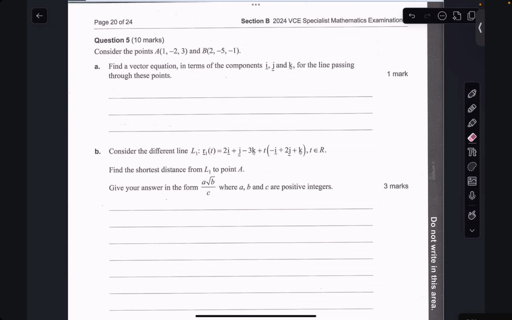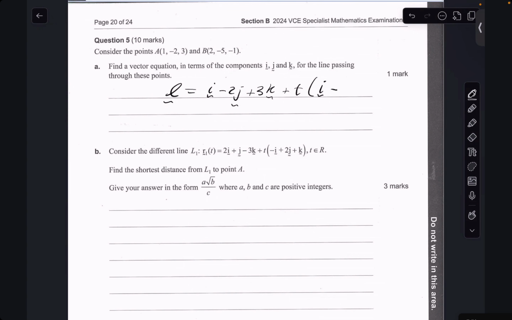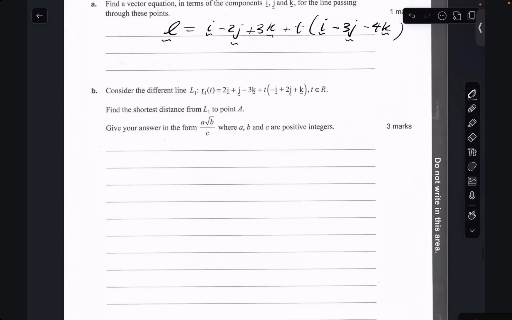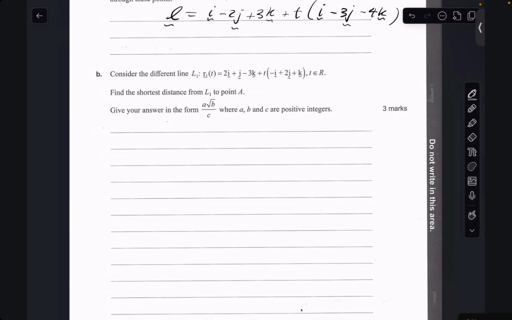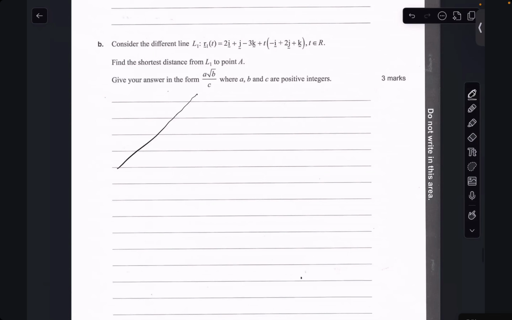So it's going to be L equals i minus 2j plus 3k plus t, and then 2 minus 1 is i, negative 5 plus 2 is negative 3, and then negative 1 minus 3 is negative 4. Consider the different line, find the shortest distance from L1 to point A. Give your answer in that form. So we've got this line.